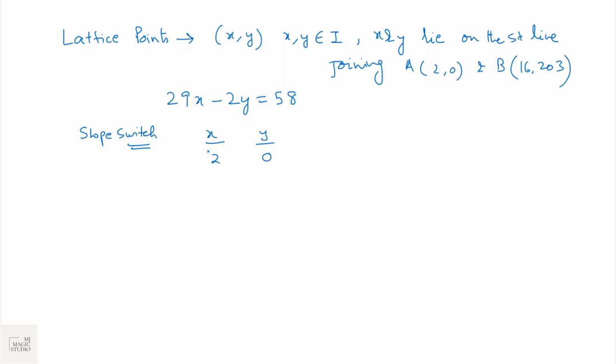We'll keep on increasing the value of x by 2. And the coefficient of x is 29, but here is a minus before this. Since we are increasing the value of x by 2, we will start increasing the value of y by 29.